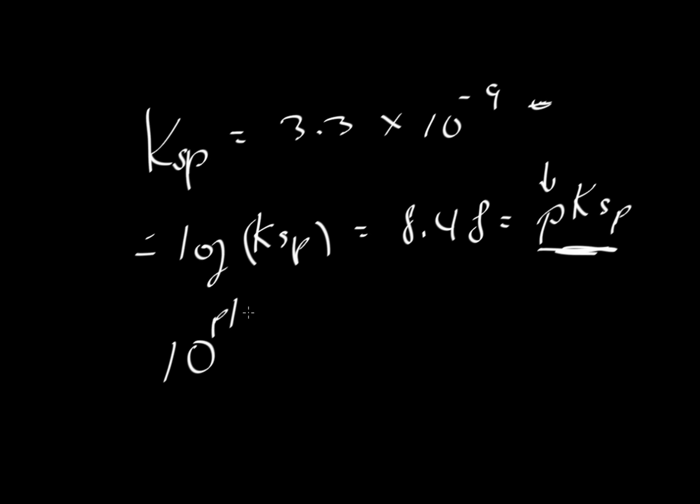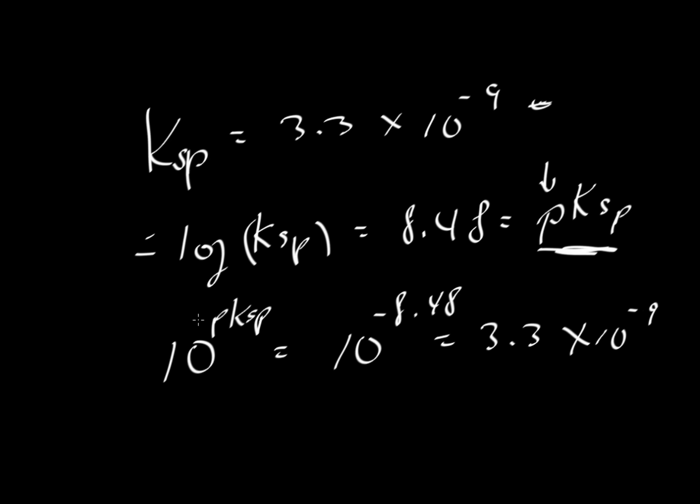So 10 to the pK sub SP would be, we'll take 10 to the minus 8.48, and that'll give us 3.3 times 10 to the minus 9. Actually, we'll have to take the minus of that. So we can go back and forth from one to the other just by keeping in mind that when we see pK sub SP, it is the base 10 log, not the natural log, which we use pretty much everywhere else in the sciences.